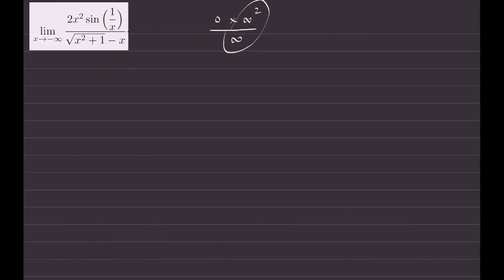So to make these two infinities of the same type, this might motivate you to do this trick: write it as 2x divided by the square root of x squared plus 1 minus x, multiplied by x sine 1 over x. So what was the benefit of doing that?